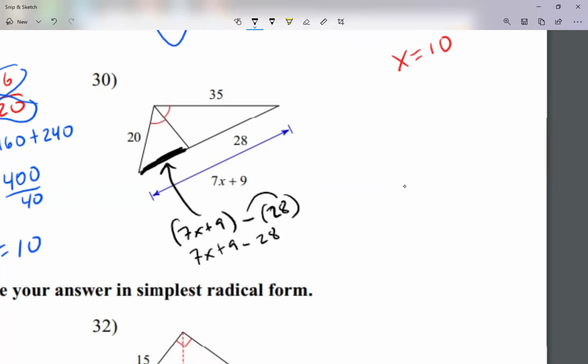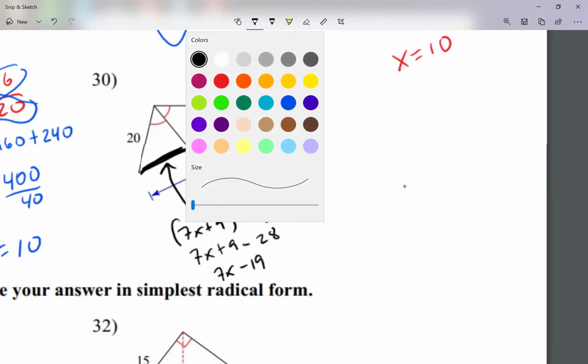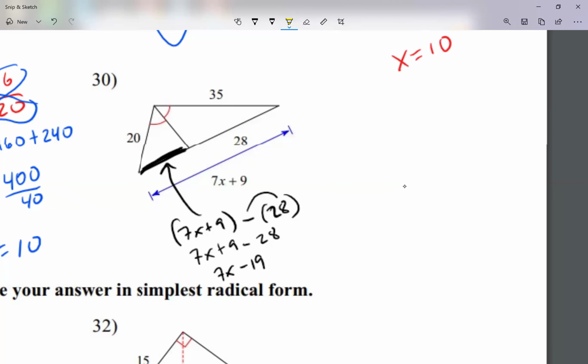I'm going to go, let me call this 7x minus 19. Right, 9 minus 28, isn't that minus 19?